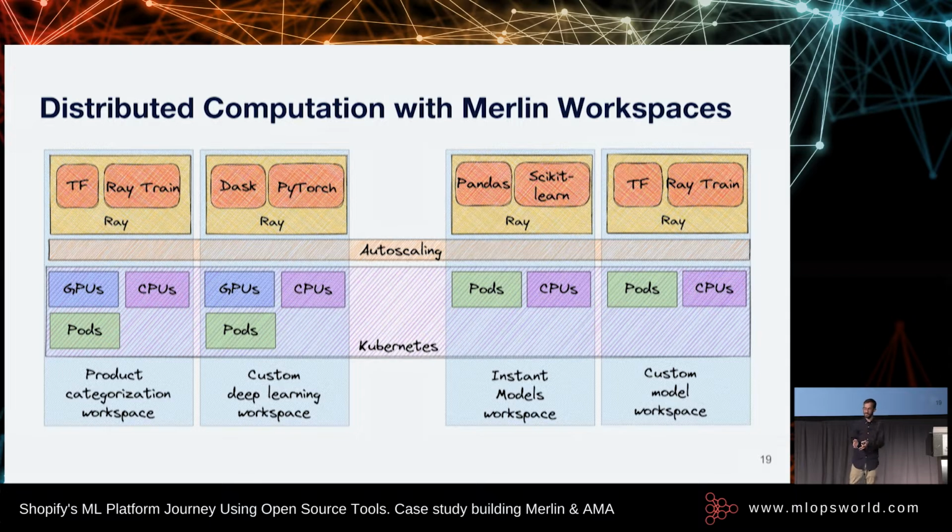For example, the product categorization workspace requires GPUs as well as CPUs. And on the application level, they can use their own dedicated Ray cluster with the specific libraries that they need for the training, for example, TensorFlow and Ray Train. Other use cases might have other requirements and other infrastructure Kubernetes resources.